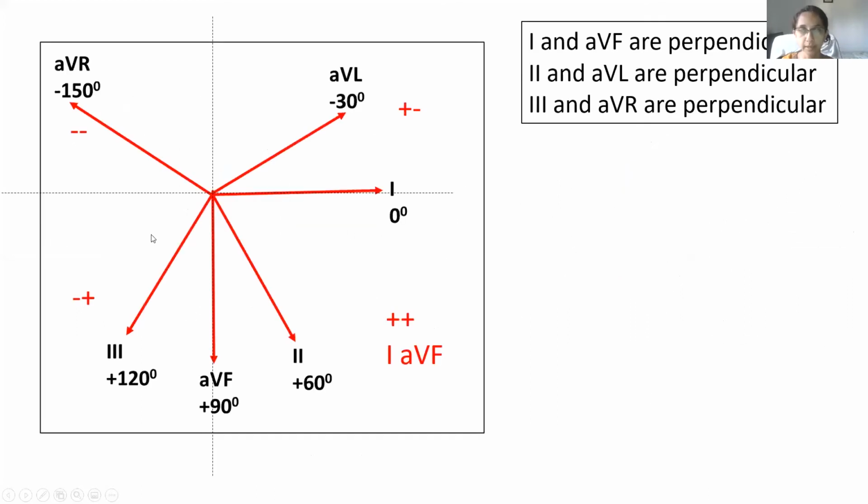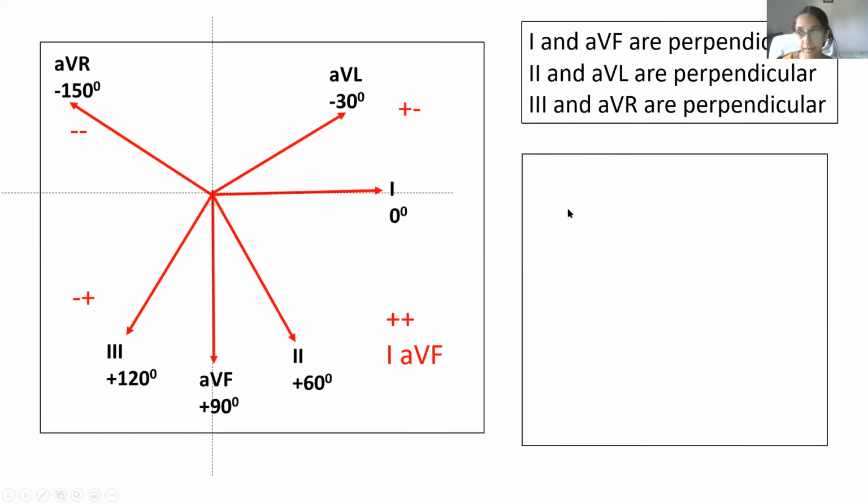So now with this understanding, I will try to decide the QRS complex axis. I know that lead 1 and AVF are perpendicular to each other. If I use 2 leads which are perpendicular to each other, it can even be 2 and AVL, or 3 and AVR, then it helps me to decide grossly the quadrant of the QRS axis.